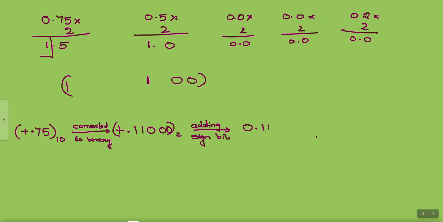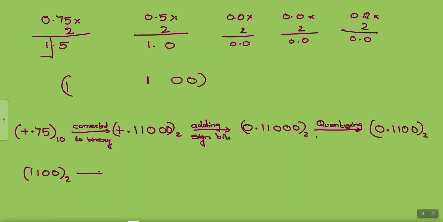It will be 0 1 1 0 0, and I quantize this value to 5 bits, including the sign bit. That is 0.1100, this is also in binary. I am taking back 1100 to decimal.